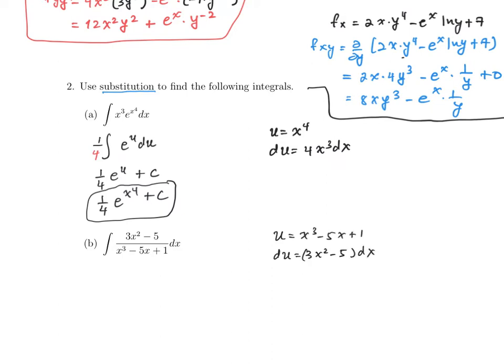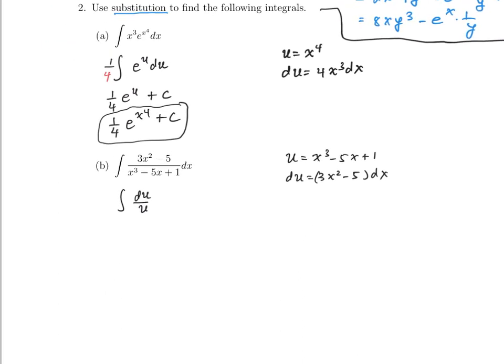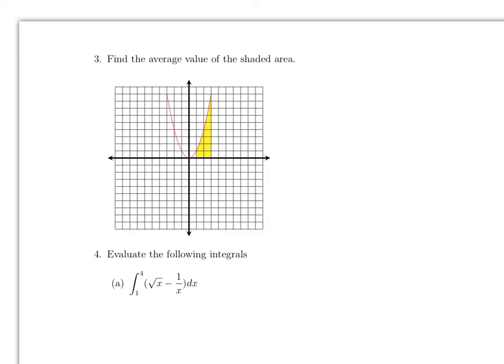So notice that this is exactly this part right here. So therefore, this is the same thing as the integral of du over u, which is one of the 5 basic integrals I told you to memorize. So this will be the antiderivative. This is just ln of u plus c, where u is equal to x cubed minus 5x plus 1. And that's it. Don't forget the plus c.